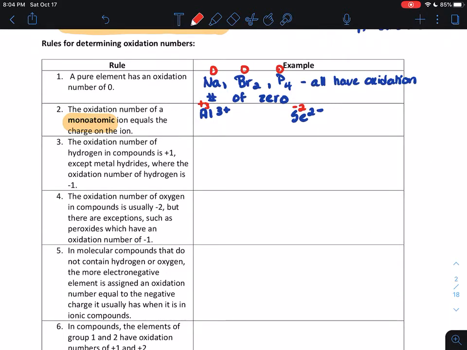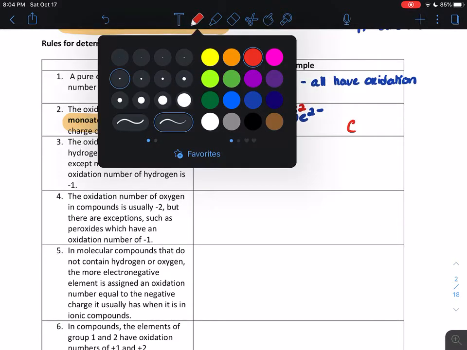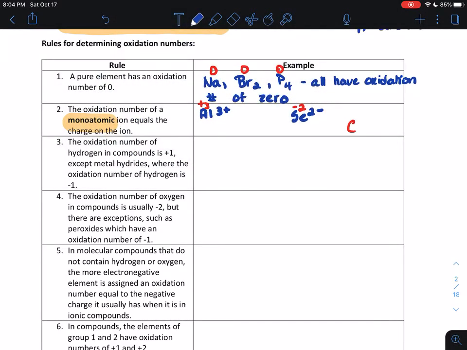Now, the last example I'm going to show you is when you get an ionic substance that looks like this. So I have CaF2. It's written as an ionic compound. You've got to split it up.